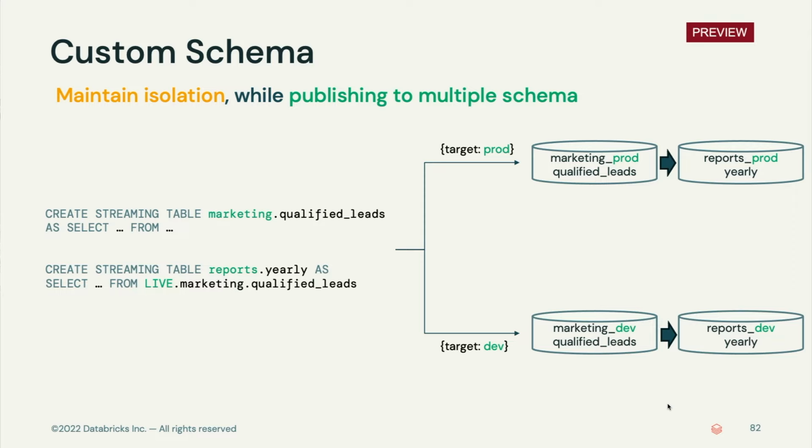And what it's going to do is it's actually going to concatenate these things together. So it will create a schema called marketing dev and reports dev and marketing prod and reports prod. All this interpolation is done automatically, and it will automatically link all of these related copies together for you. So now even for these complex pipelines that publish to multiple places, you can handle all of this isolation.